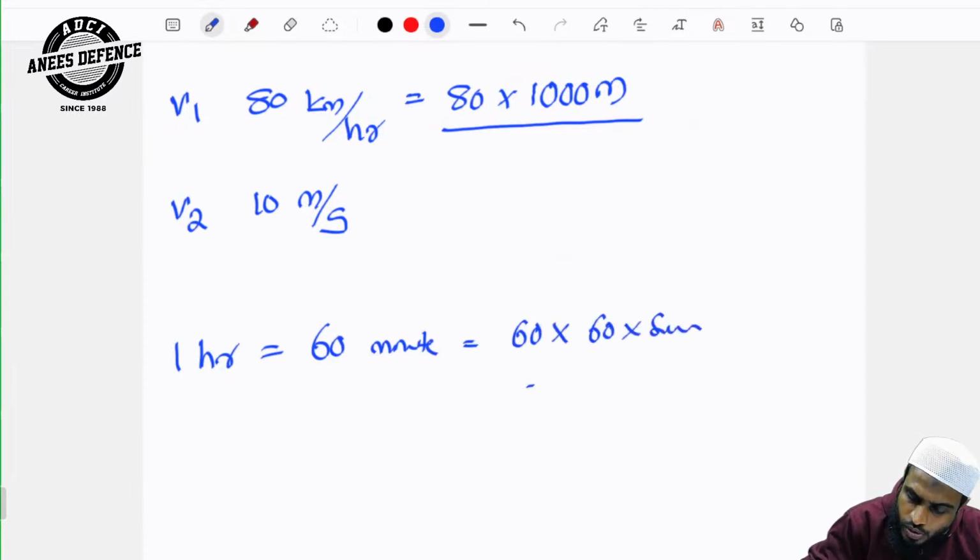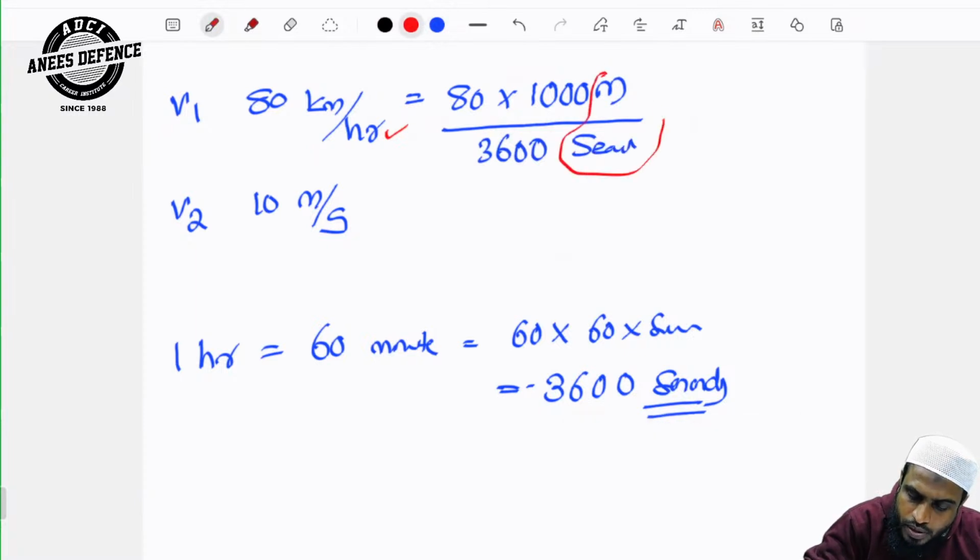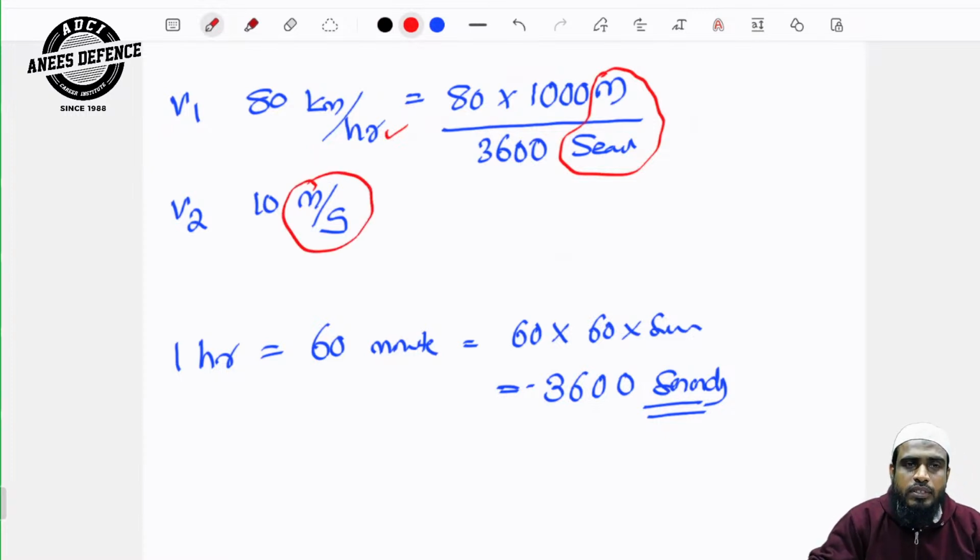So 1 hour is equal to 3600 seconds. So instead of 1 hour, you have to put 3600 seconds. Now you can see the unit is meter per second. Here also meter per second. Both are the same, then only you can divide. The quantity should be in the same unit, then only we will be able to solve.